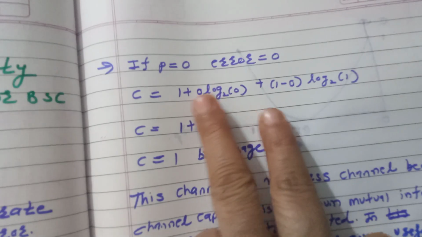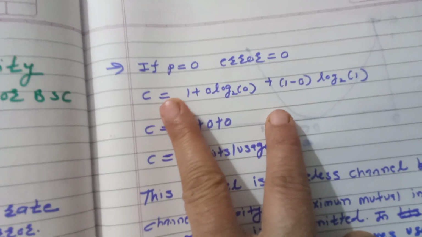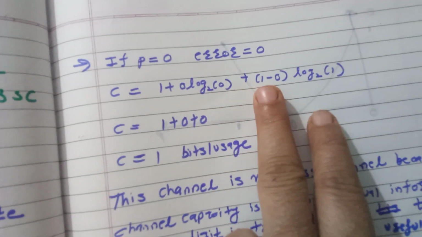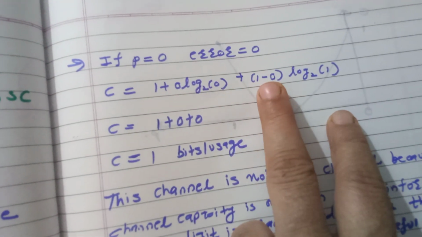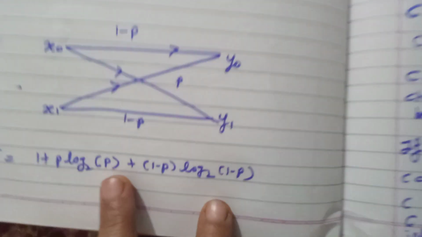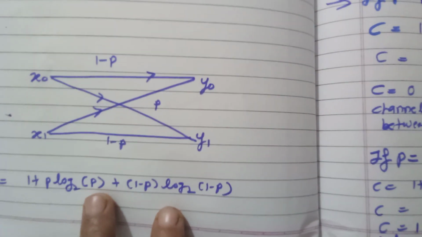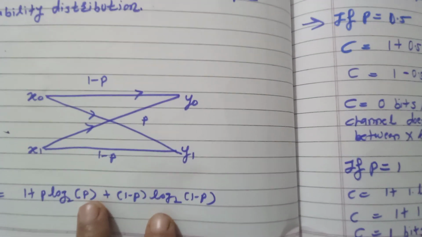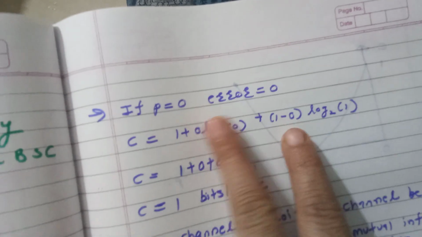So if P equal to 0, we will put that value in the capacity formula. So C is equal to 1 plus 0 log2 0 plus (1 minus 0) log2 of (1 minus 0), which is again 1. So here we have put the value of P equal to 0.